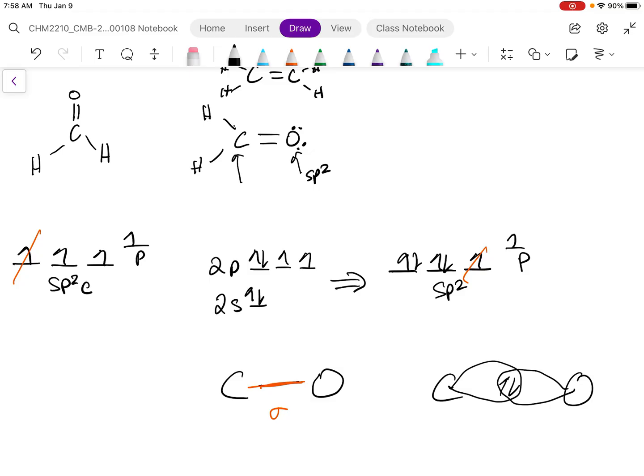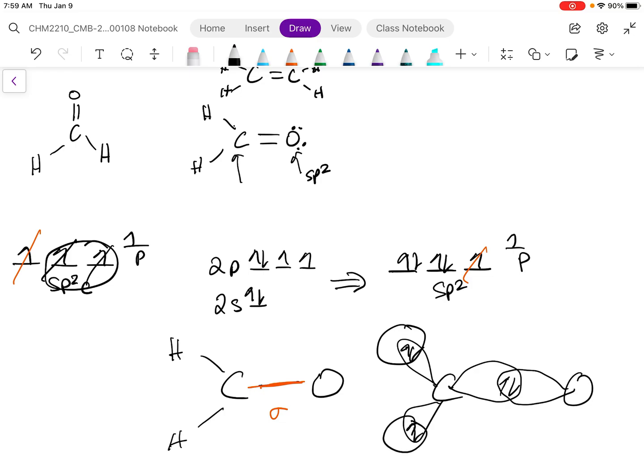Carbon has some hydrogens attached to it. And so we see that carbon has 2 other sp2 hybridized orbitals. So we'll draw them there. And they should all be the same size. I'm just really bad at art. Okay, and so those electrons are accounted for. And then we have hydrogens that come in with our 1s. And there's our orbital overlap right there.